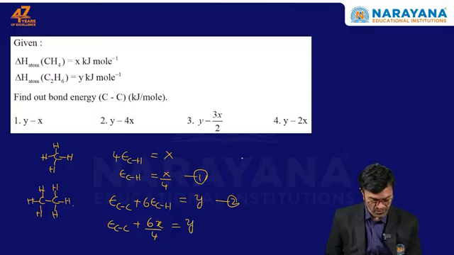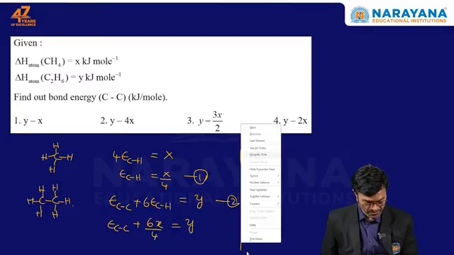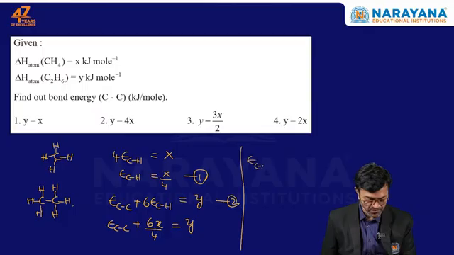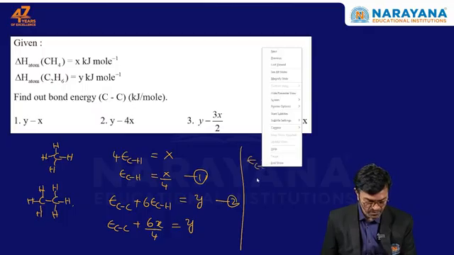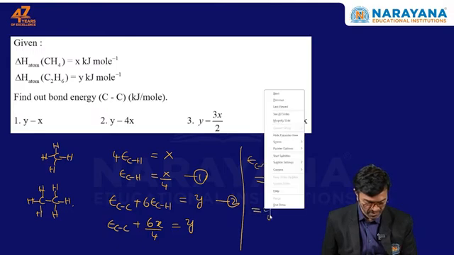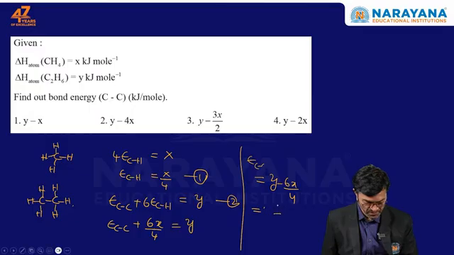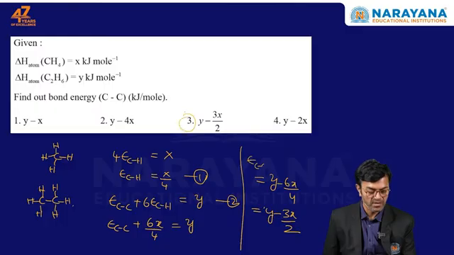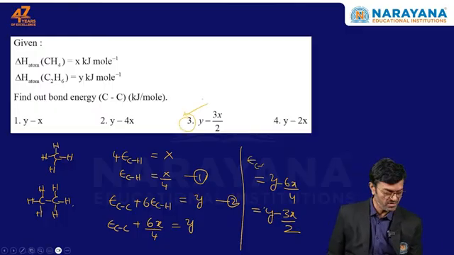Therefore, epsilon C-C will be y minus 6x by 4, which is y minus 3x by 2. That is, option 3 will be the answer for this question.